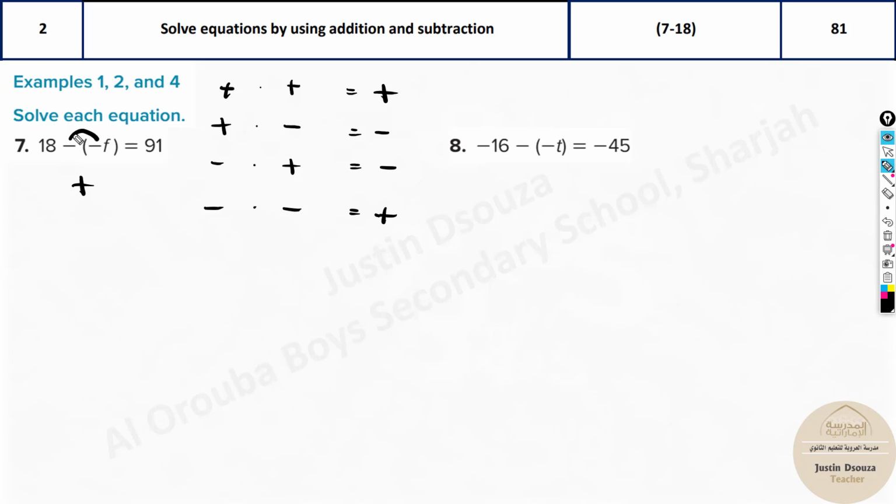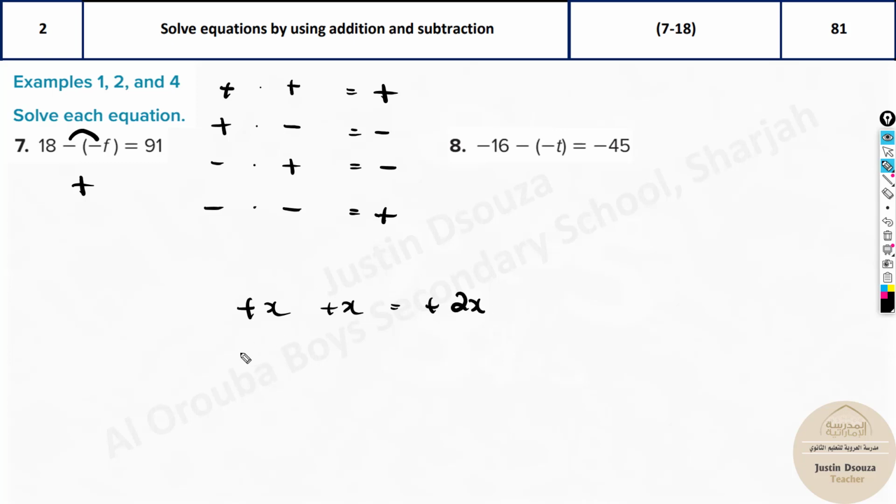Whenever you're doing 2 minus signs, it'll be plus. But if it's 1 plus and 1 minus, or 1 minus and 1 plus, you have to write the negative sign. Okay. Now, for example, plus x and plus x would be plus and plus, just add them up, plus 2x.